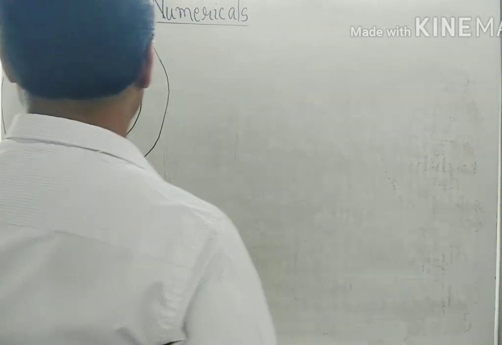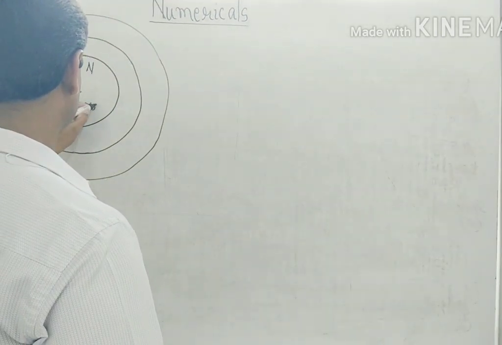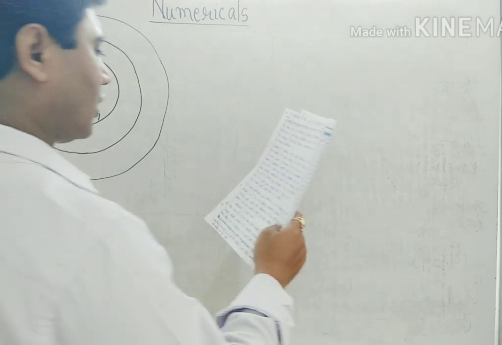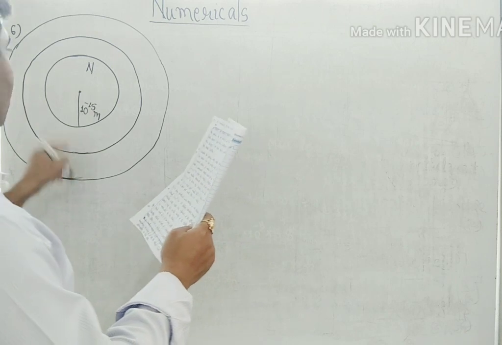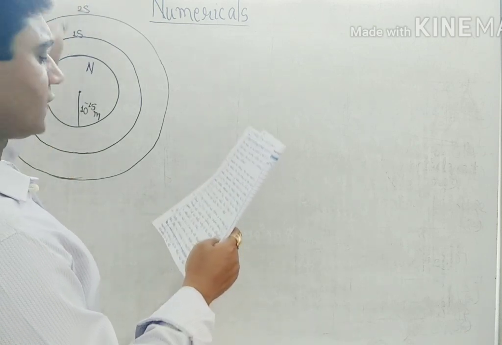So this radius is given to be 10 to the power minus 15 meter, the nuclear size. Here I must write this to be 1s and this to be 2s.